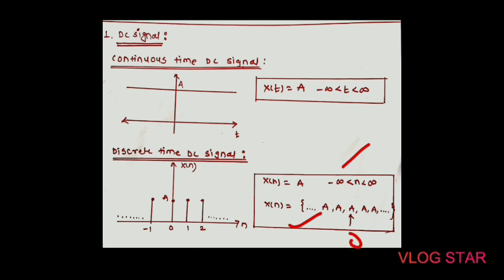After that 0, positive values like 1, 2, 3, 4 up to infinity are present, and before that arrow, minus 1, minus 2, minus 3 up to minus infinity values are present.